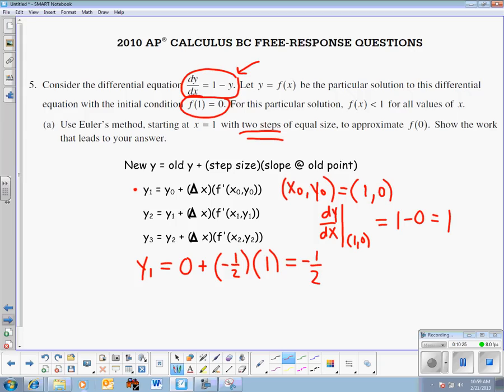Okay? I get that there's a lot going on here, but you'll catch on. Just follow the pattern. What's my next y? Now I'm here. I'm only taking 2 steps, so this is actually my last step.